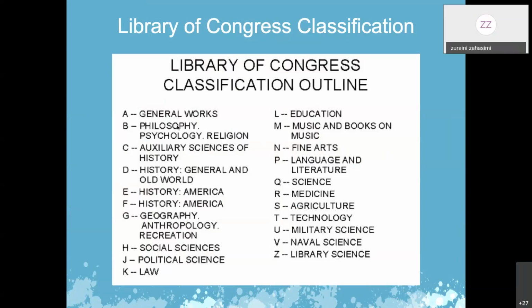Kadang-kadang original ni tak ada. Contohnya buku in music, music work, yang ada simbol-simbol music notes.